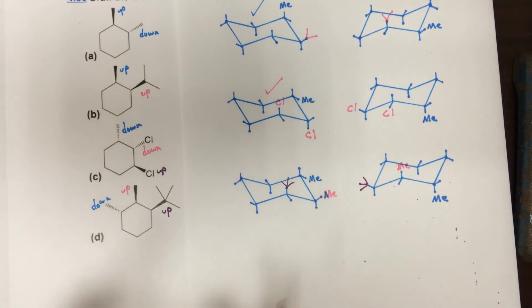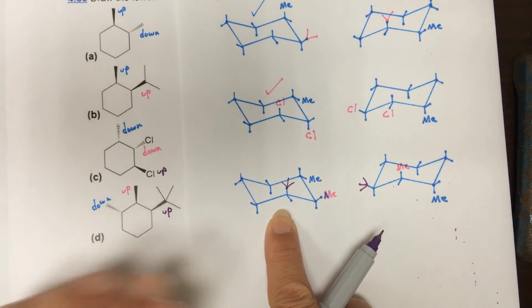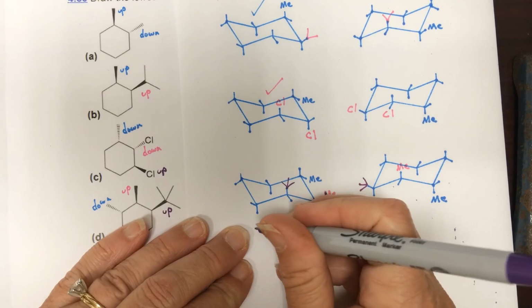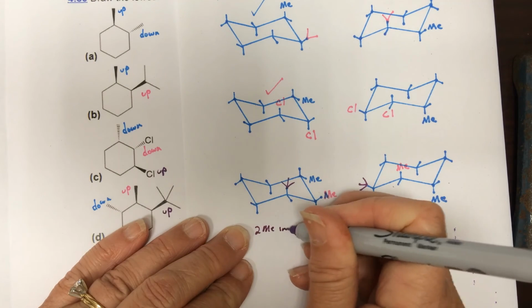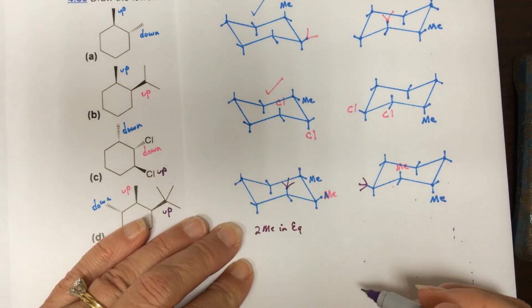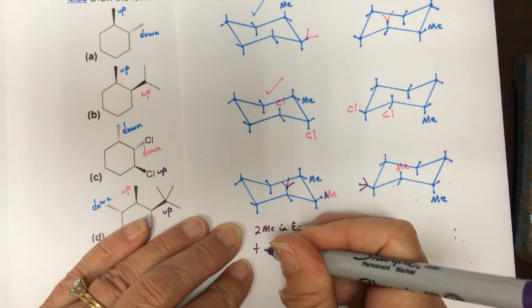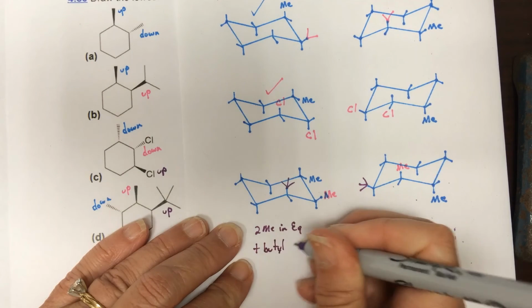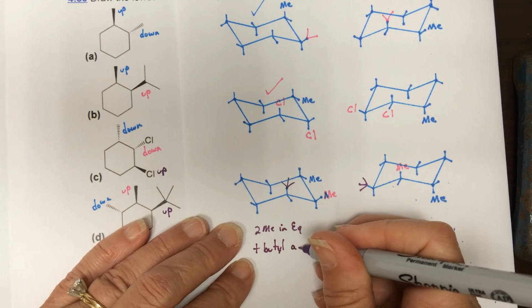Now on this first one, we've got 2 methyls in equatorial position and a T-butyl in an axial position.